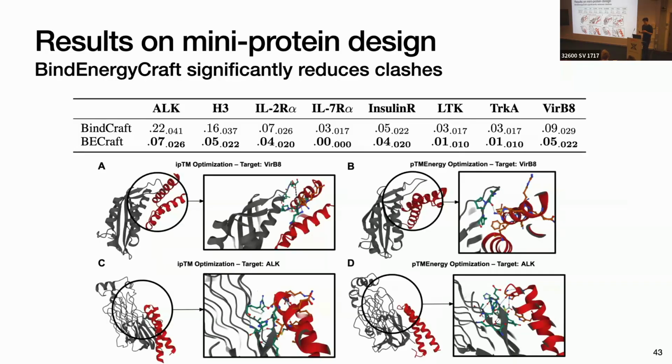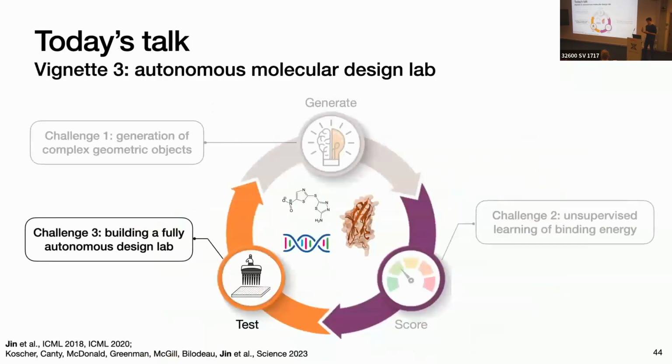This shows that if you put more effort into designing a better scoring model, you can further improve design systems that already show very promising results. That concludes the second part of my talk. For the sake of time, let's go to the third part, which is less on the machine learning, but more about how to build a system that can be purely autonomous.